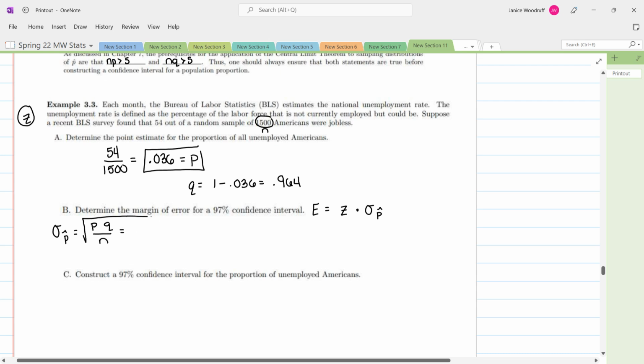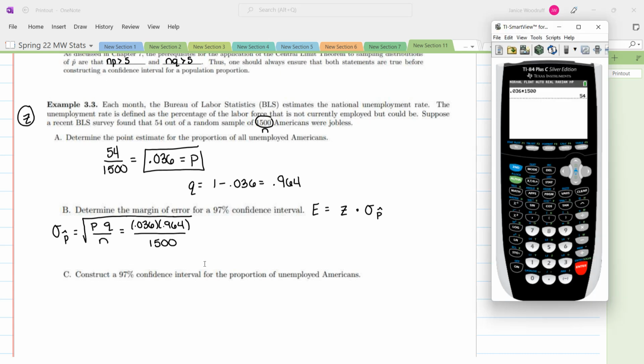So that will be, for us, 0.036 times 0.964 over 1,500. All right, so square root. I'm going to do parentheses, 0.036 times 0.964, close parentheses, divided by 1,500. So that'll give me 0.0048.